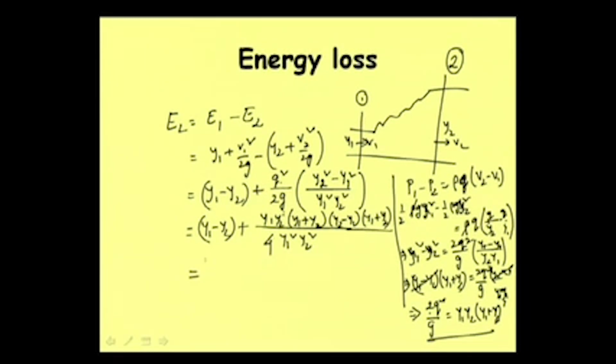And now from here, if we bring y2 minus y1 common, then this term will become minus 1 plus 4 y1 square y2 square, and then with y2 minus y1 brought out, what remains is y1 y2 and y1 plus y2 whole square.